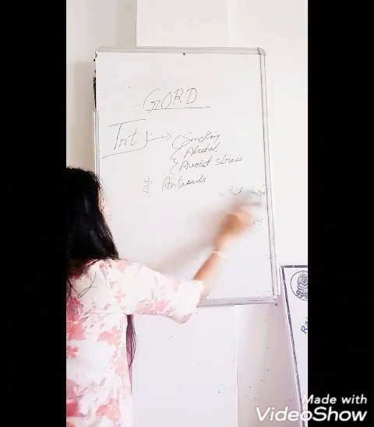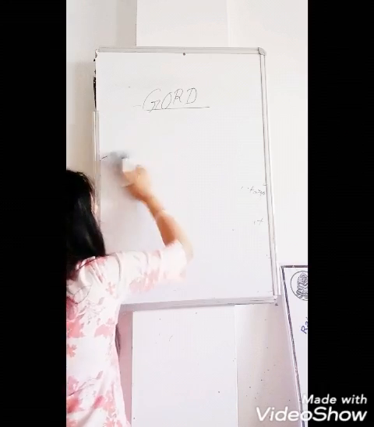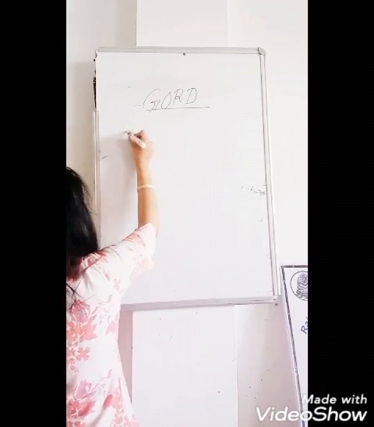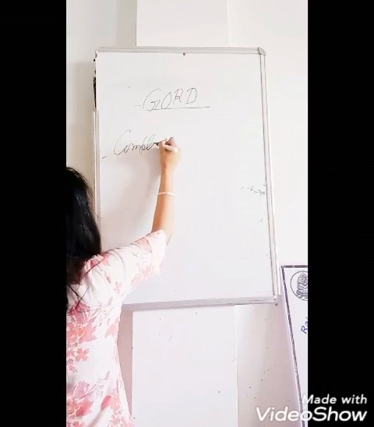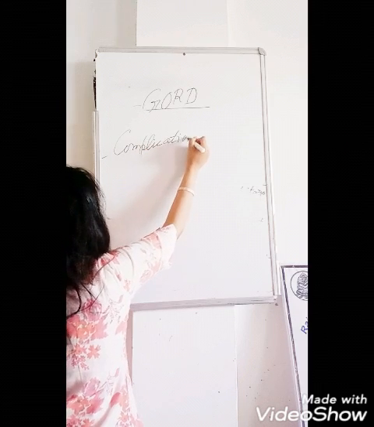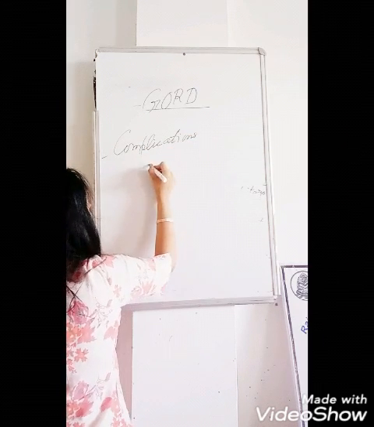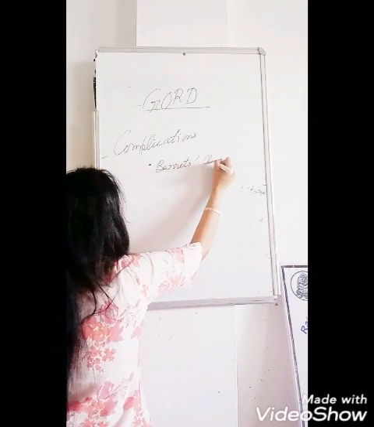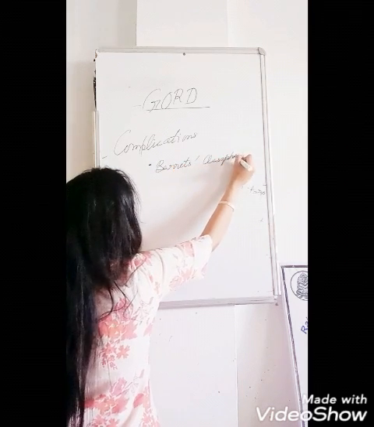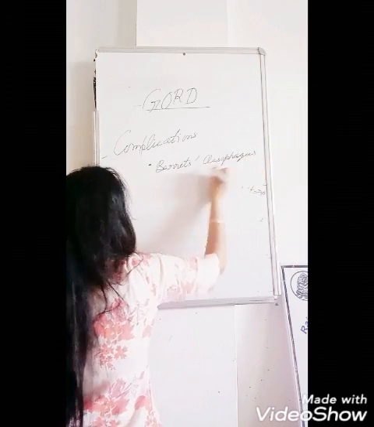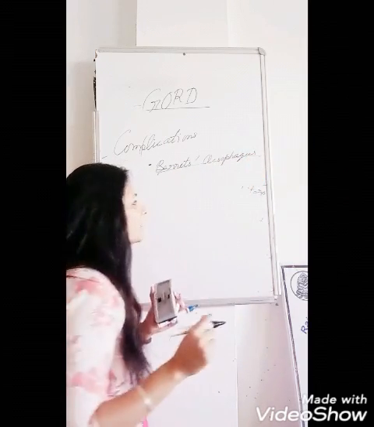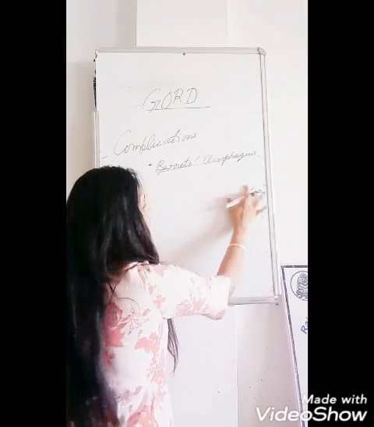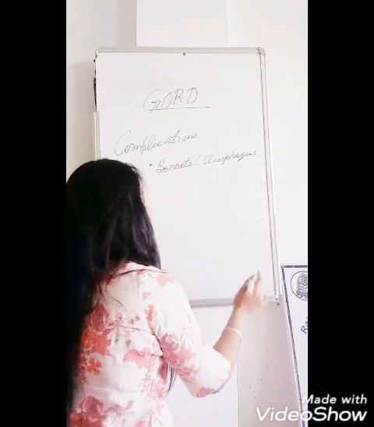Now the complications. The complications of GORD can be Barrett's esophagus. Now what happens in Barrett's esophagus? There is more than 3 cm of columnar epithelium.